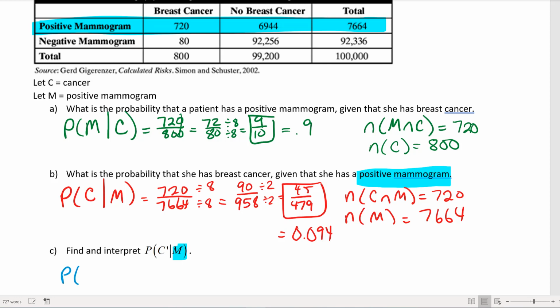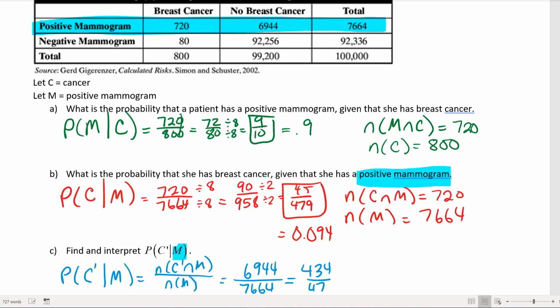So the probability of C complement given M is equal to the number of C complement and M over the number of M. We already know the number of M is 7,664. The number of C complement and M, not cancer and a positive mammogram, is 6,944. If I divide the top and the bottom by 16, I get 434 over 479. And if I divide that out, I get 0.906.